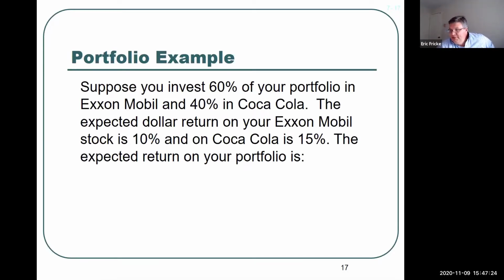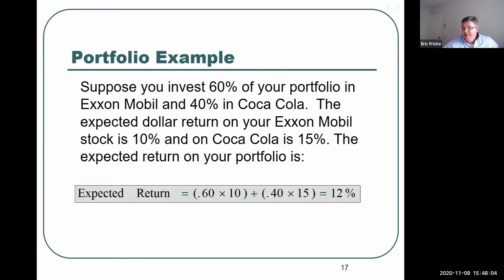Suppose you invest 60% of your portfolio in ExxonMobil and 40% in Coca-Cola. Those are the W's. W1 is 0.6, or 60%, and W2 is 0.4, or 40%. The expected return on your ExxonMobil stock is 10%, so R1 is 10%, and the expected return on Coca-Cola is 15%. That's R2. Calculate the expected return on the portfolio.